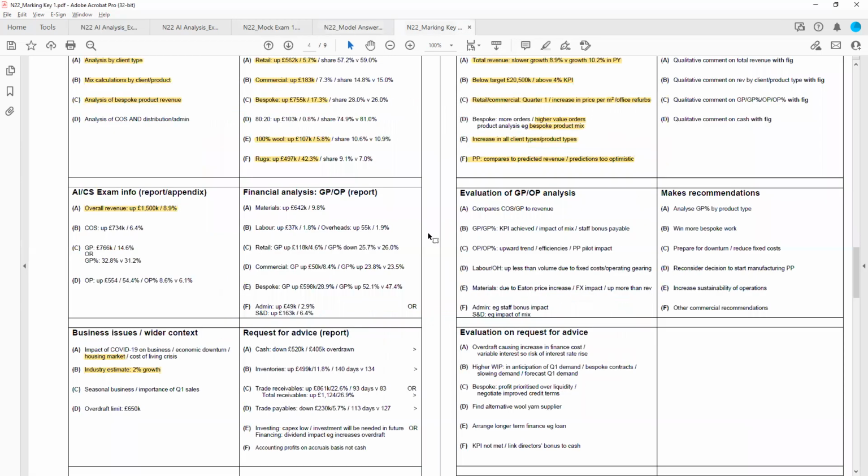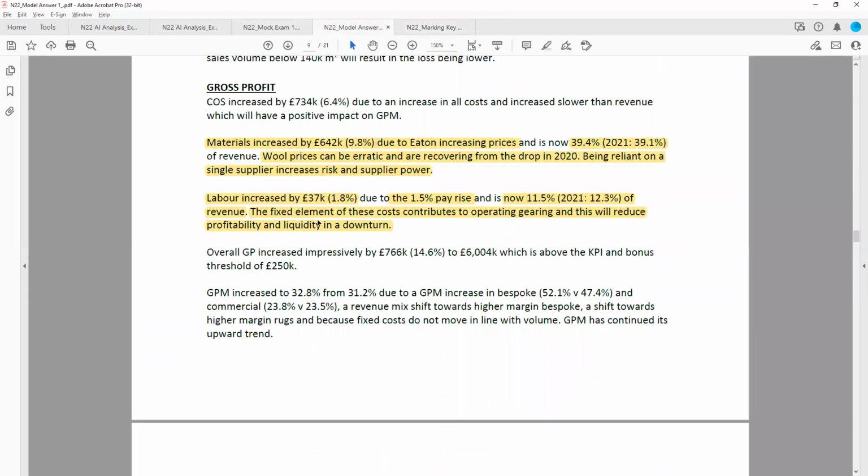You can see I'm trying to do the same thing: number, is there a point for reason? Yes, due to the price increase. Then a context point; I didn't get that there, but I've mentioned it was up more than revenue. And then labour, you can see we've got the number there, and then the reason as well. Just racking up the points as I go through.